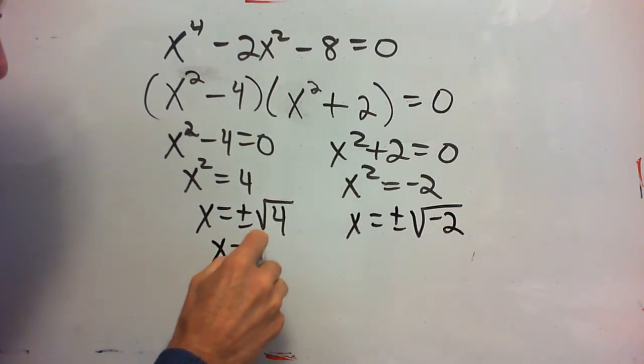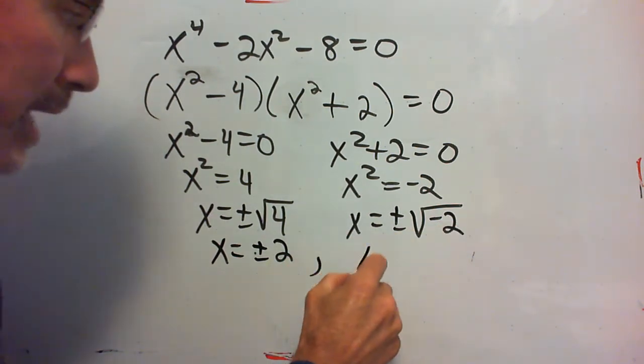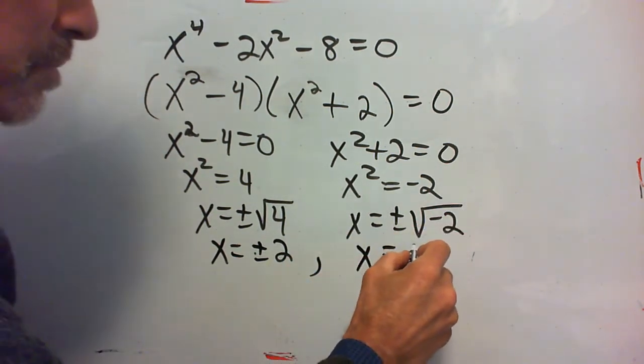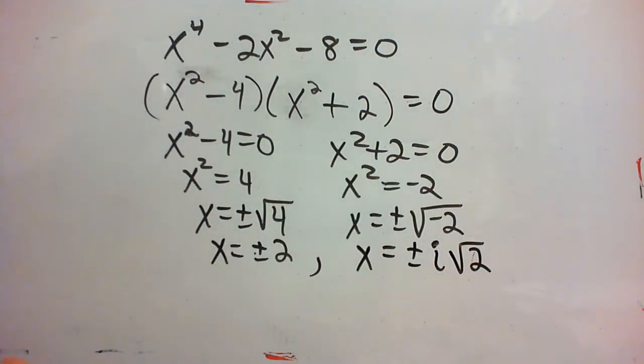Plus or minus square root of 4 is just plus or minus 2. We write the square root of -2 as plus or minus i square root of 2. Remember that stuff from P6. So there's our 4 answers, and that's the easiest way to solve these if you can factor them.